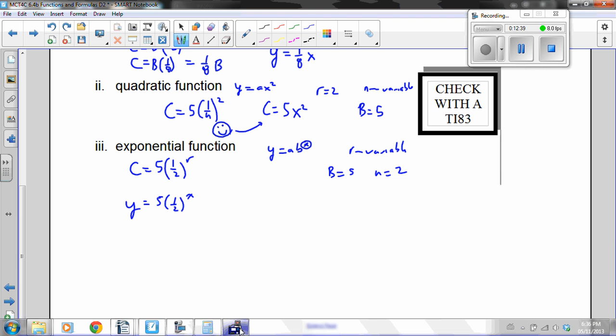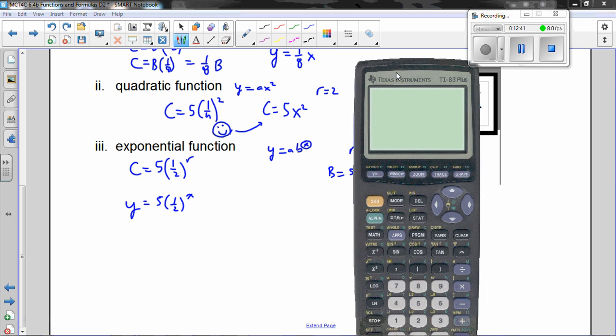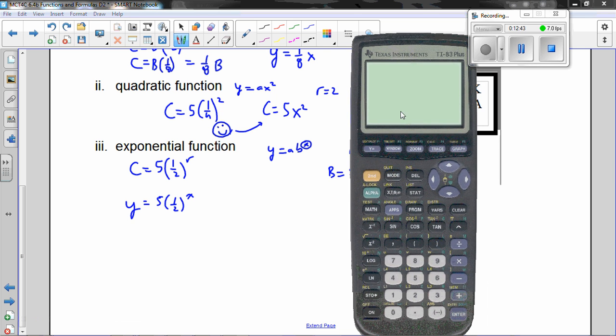Let's check it on the TI-83 real quick to see how that worked out. The first one was the 1/8 B. The next one was this 5 times 1 over N to the exponent 2, and we'll see that one doesn't quite work out, but we'll talk about that in a second.